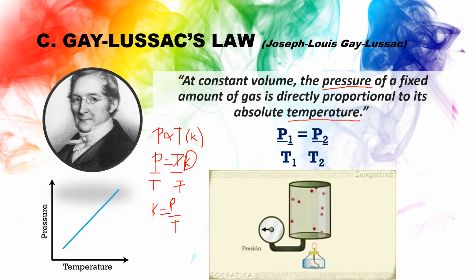Since they are directly proportional, when you increase the temperature, there is also an increase in pressure. Or if you decrease the pressure, there is also a decrease in temperature. So take a look at this GIF. At first, let's assume that there is no heat yet.